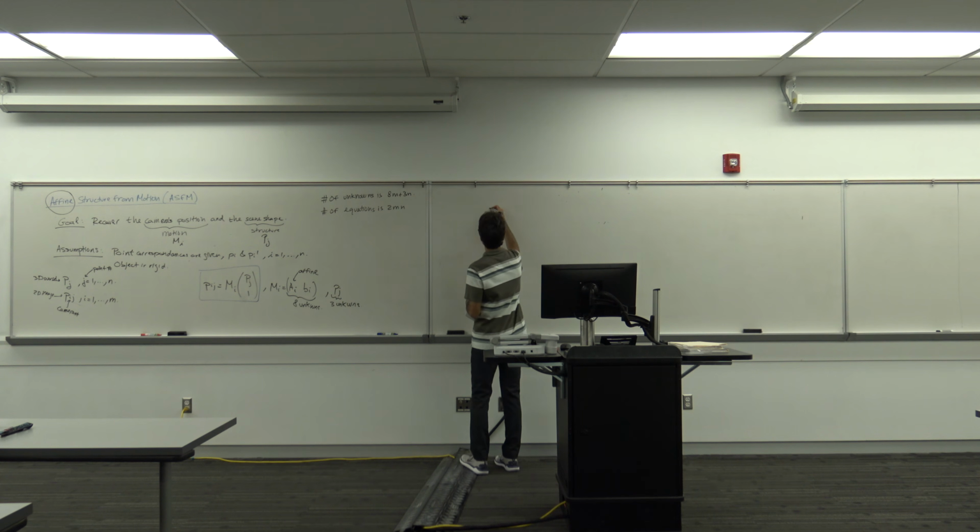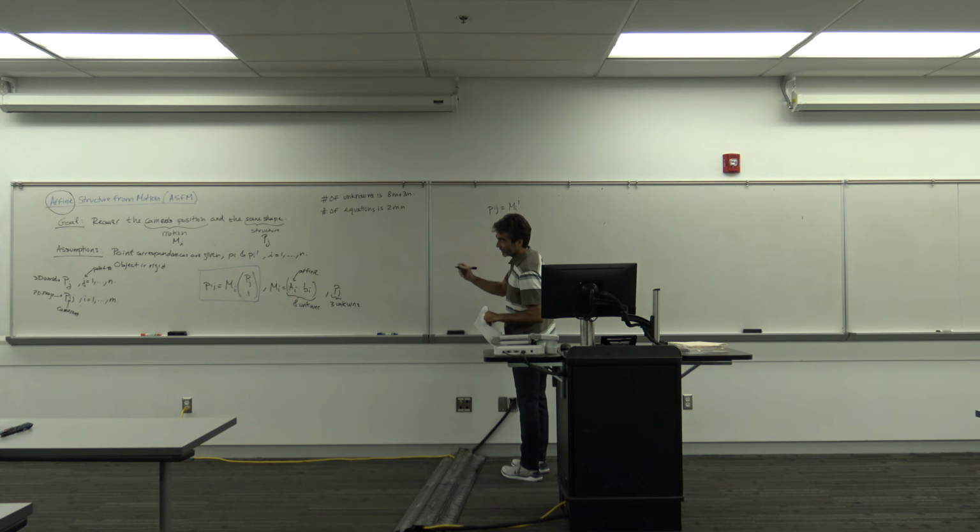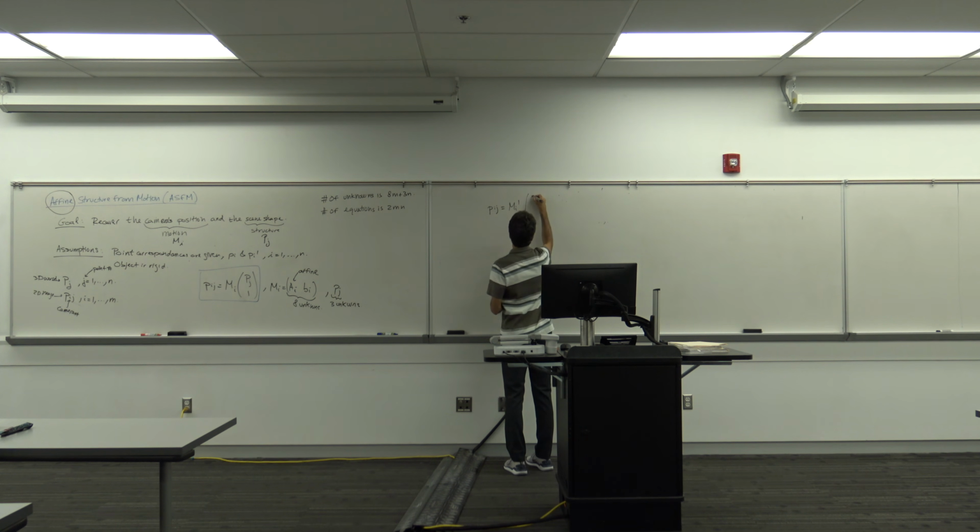How about if I write Pij equal to, instead of mi, I'm going to say mi prime, and instead of pj, I'm going to say pj prime. Okay?